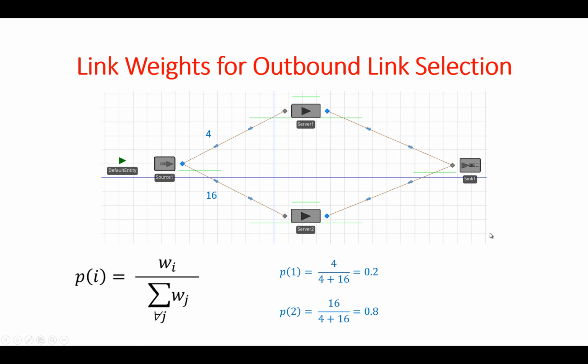So in the next slide, I'm going to change the selection weights to 4 and 16, and note that I've simply multiplied my original selection weights by 20. So I'm keeping the same proportion. And when I calculate the probabilities, I'm getting the same 0.2 and 0.8 probabilities for selecting the first and second path respectively.